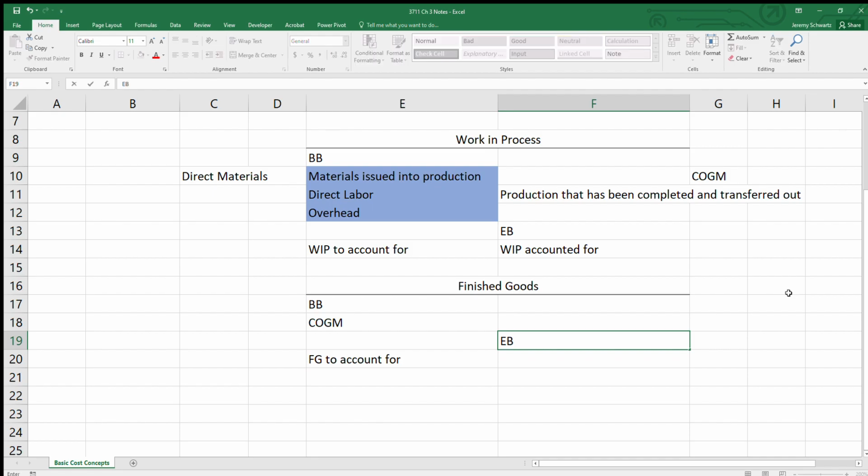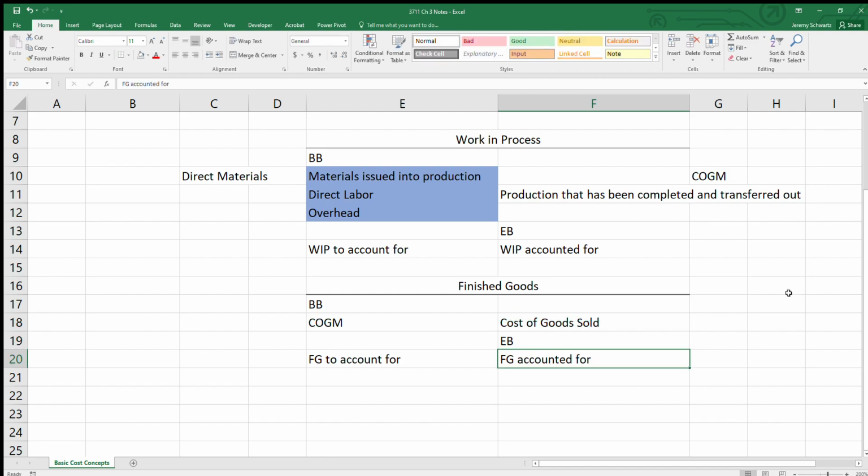We have our ending balance, and then finished goods accounted for: goods whose production has been completed but are still sitting on our balance sheet. The counterpoint to that is goods that are no longer on our balance sheet because they have moved out of finished goods, and those have moved into cost of goods sold.